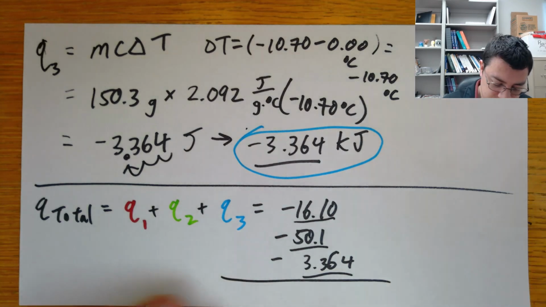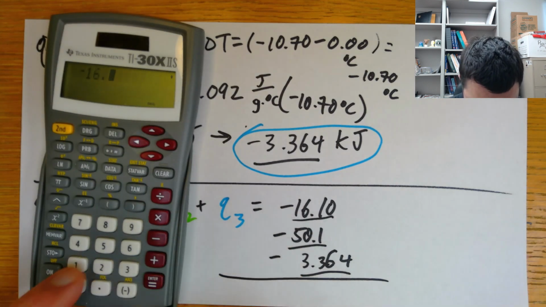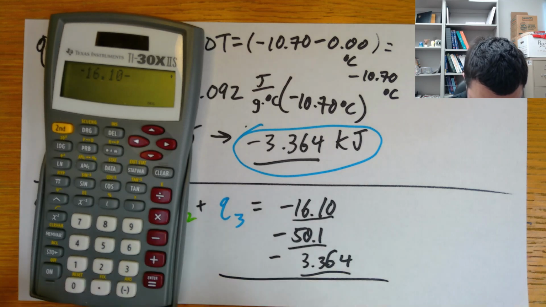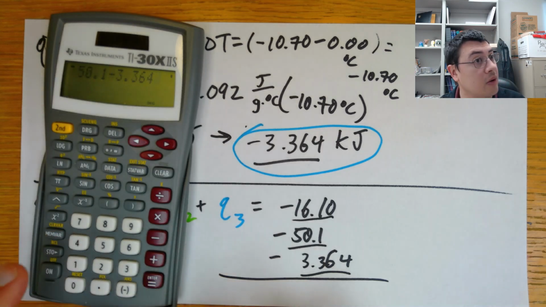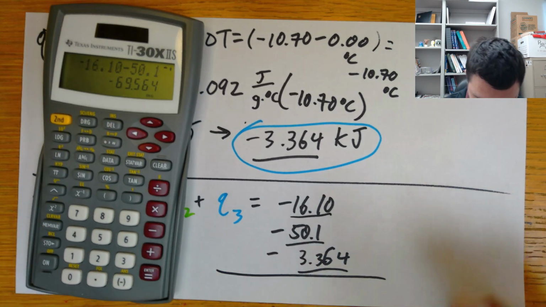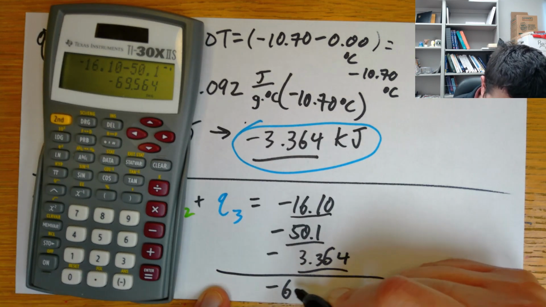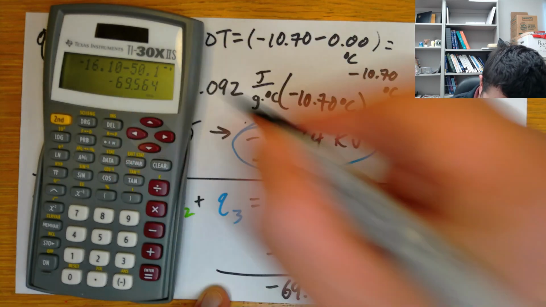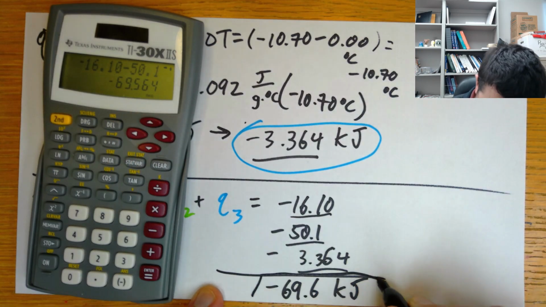Okay, I don't feel like doing this in my head or on paper. All right. Negative 69 point, that will round up to 6 kilojoules is our answer.